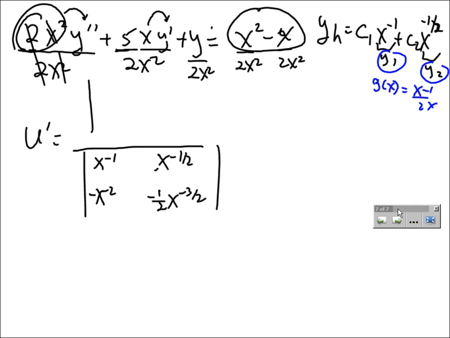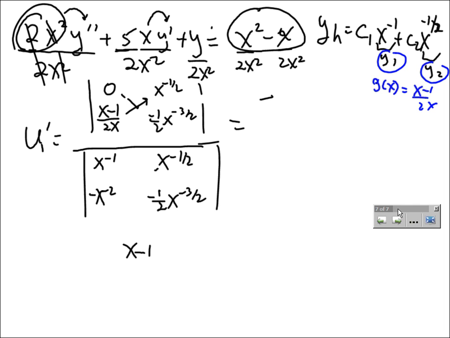The numerator, since we're doing u1, is going to be 0 and then g of x, x minus 1 over 2x, and then y sub 2 and y sub 2 prime. That product is 0 minus this product.